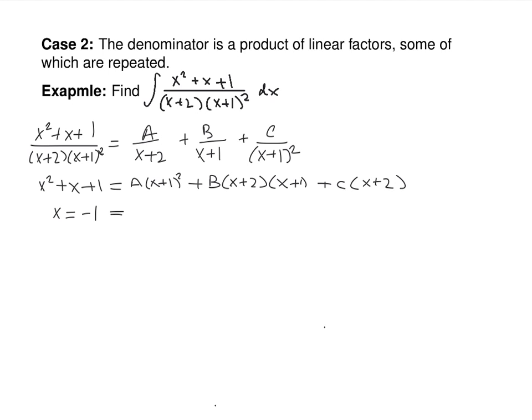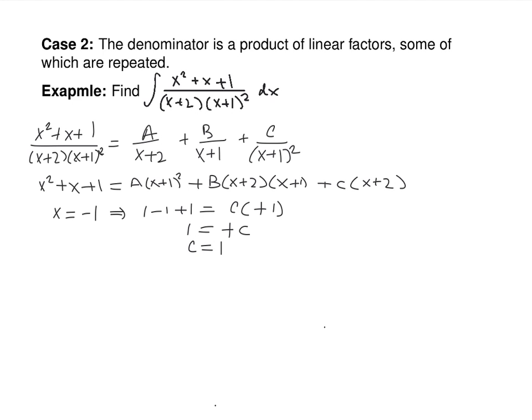When you do that, you get 1 minus 1 plus 1. The a term goes away, the b term goes away, and you get c times -1. So that's going to be 1 equals -c. This should be +1. So therefore c is equal to 1.